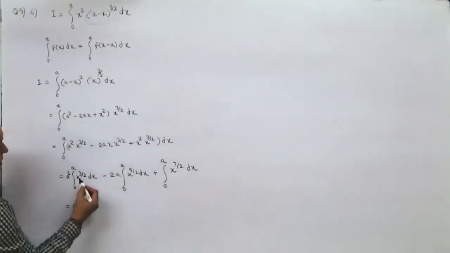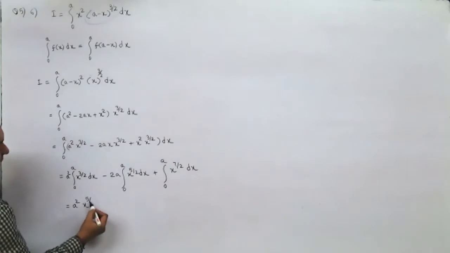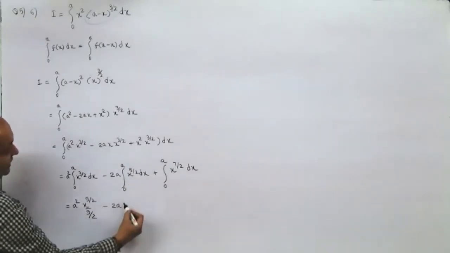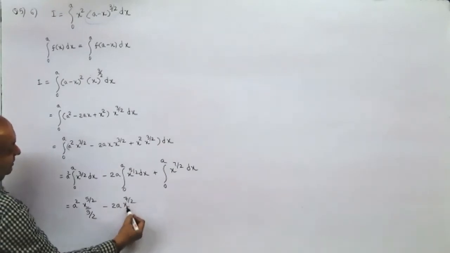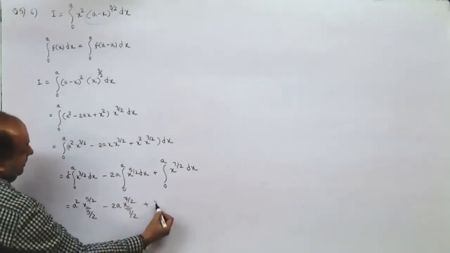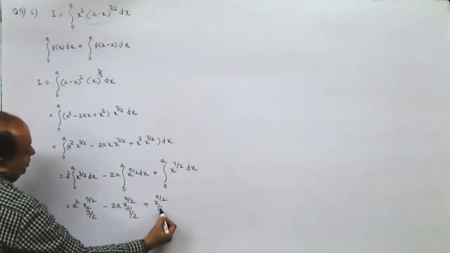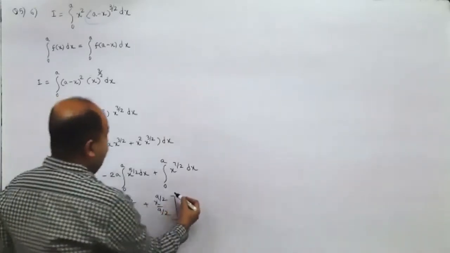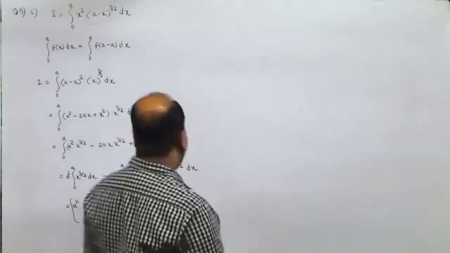Now this would be a square x raised to 3 by 2 plus 1, 5 by 2 upon 5 by 2. This would be 2a x raised to 7 by 2 upon 7 by 2, and this would be x raised to 9 by 2 upon 9 by 2, between 0 and a.